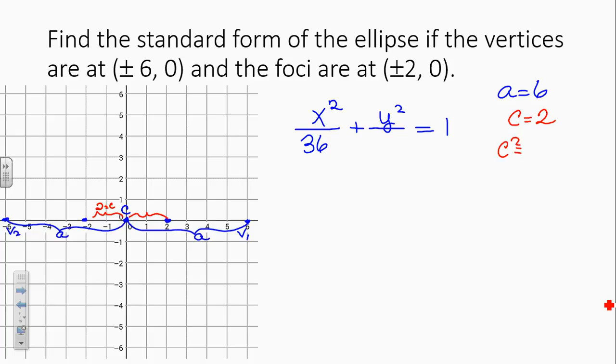C squared equals A squared minus B squared. So 4 is equal to 36 minus B squared. What's B? Square root of 32. Square root of 32. So if B is the square root of 32, B squared will be 32.